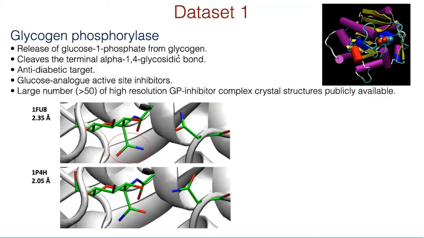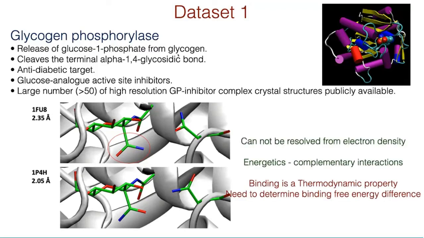Now, these are just alternate representations of the amide group. It looks simple, so what's the issue here? The issue is that we can't resolve the structure from electron density at a given resolution of 2 or 2.35.